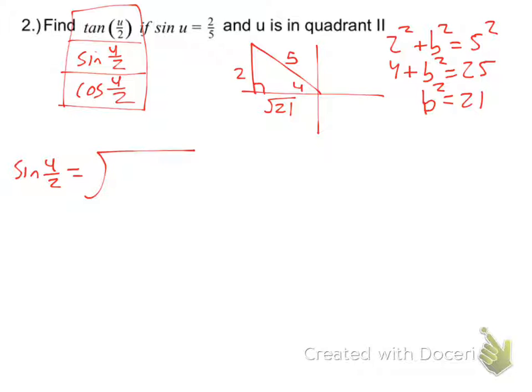What quadrant am I in? Second quadrant. U over 2, the original angle, puts me in second quadrant where sine is positive. Keeping a positive square root. Then it becomes 1 minus cosine of u all over 2. Isn't that the formula?